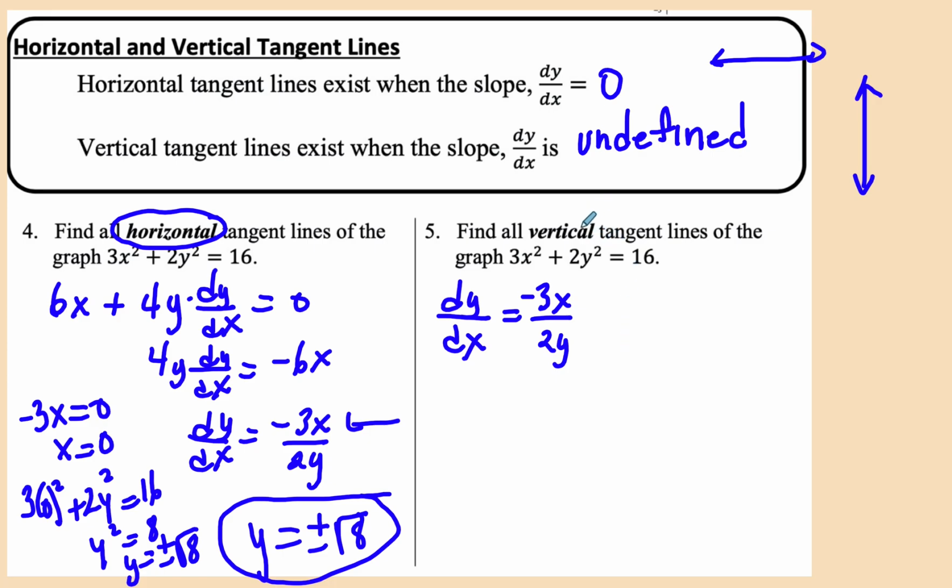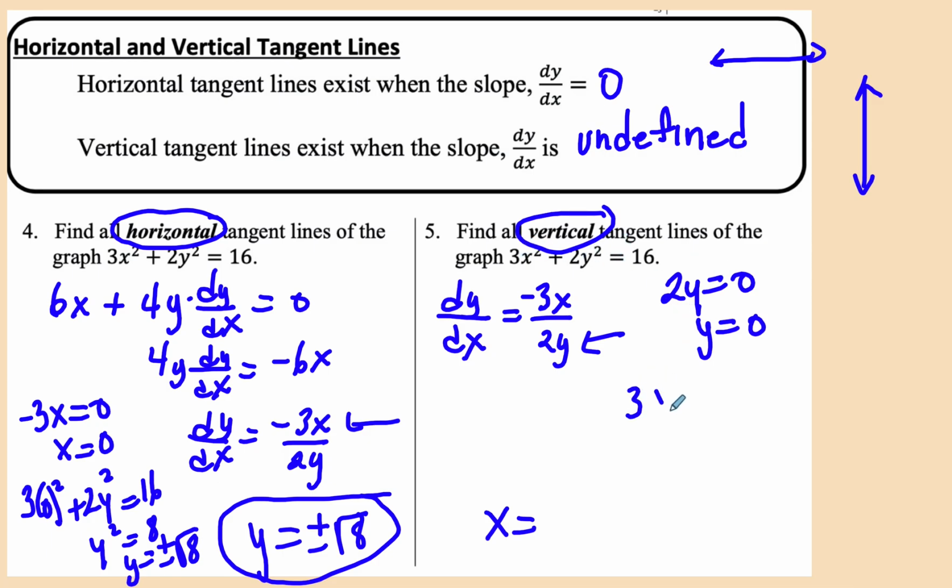Now I want to find all vertical tangents. Now vertical tangents are when it's undefined, and now I'm going to look at the denominator. Now vertical tangents always are x equals. So I want to find my x part of my point, but verticals mean that the denominator ended up being 0. So now I want to look at it in the relationship when y is equal to 0.